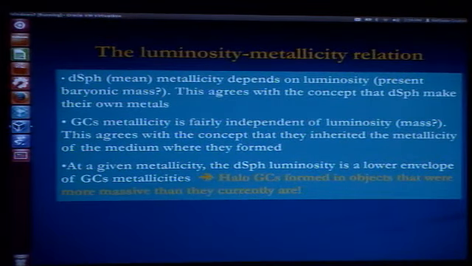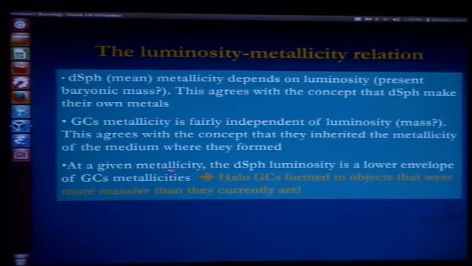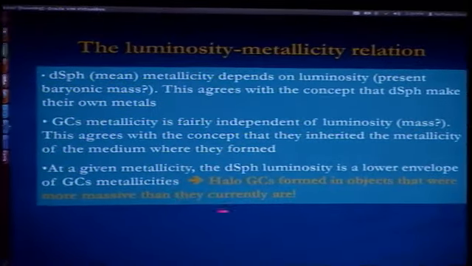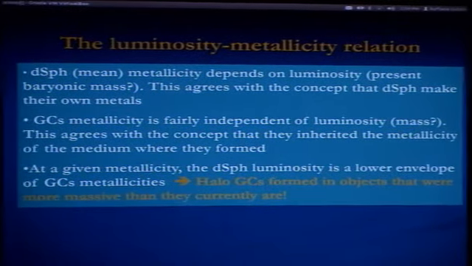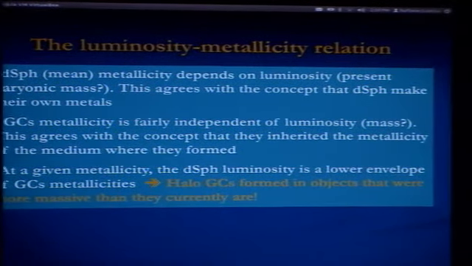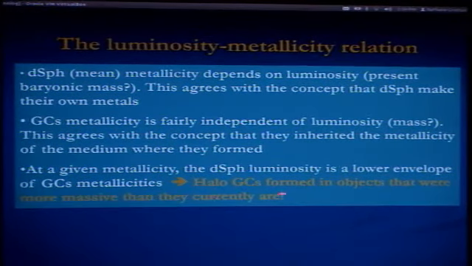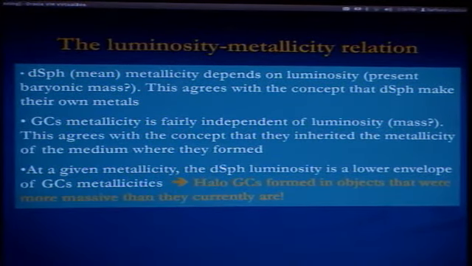And we can also use this second diagram, the fact that at a given metallicity, the dwarf spheroidal luminosity is a lower envelope of the globular cluster metallicity, to try to have an idea of the size of the fragments from which the globular clusters formed. Okay? Because we can go back to this metallicity relation and see what is the mass needed for a dwarf spheroidal to produce an object with the metallicity of the globular cluster.